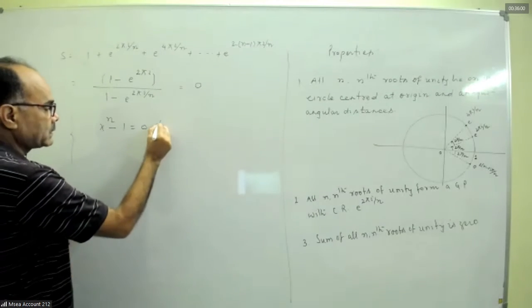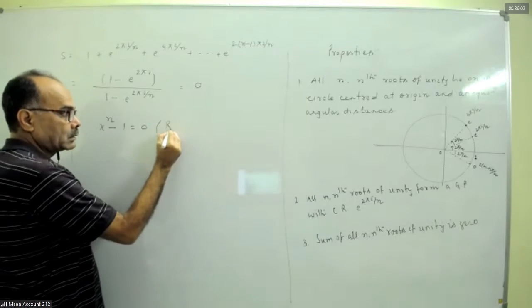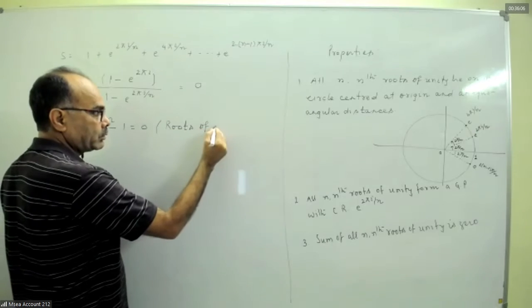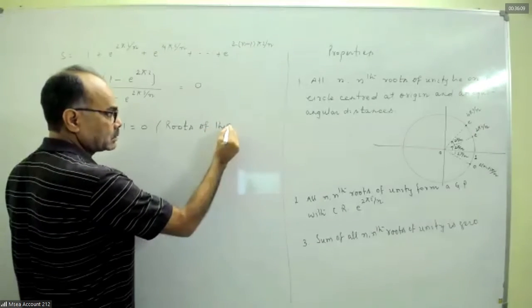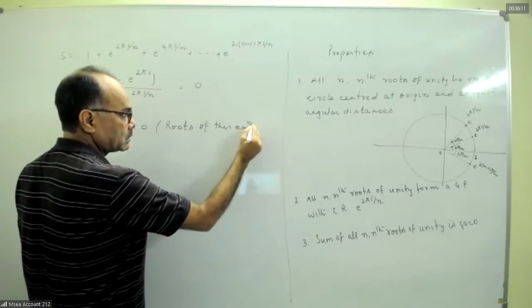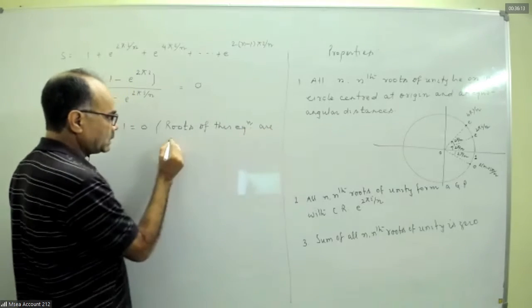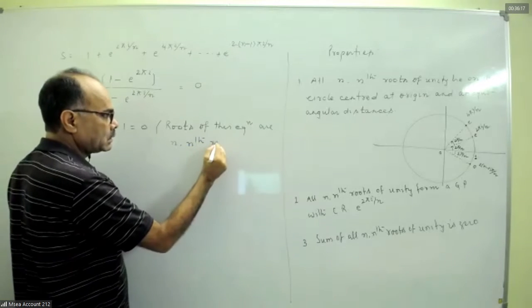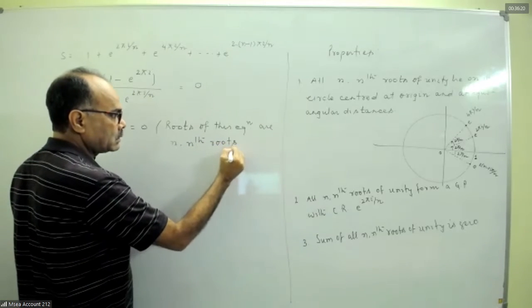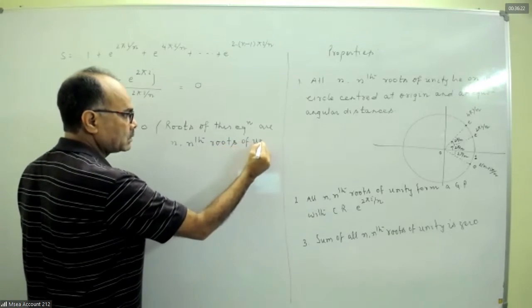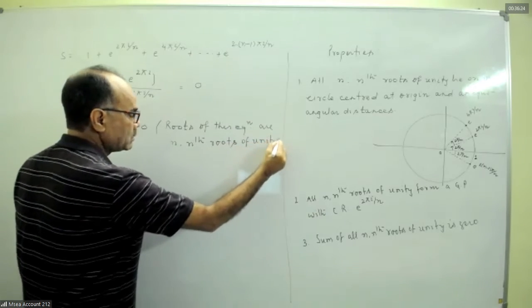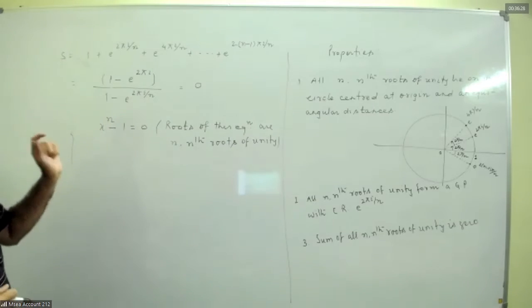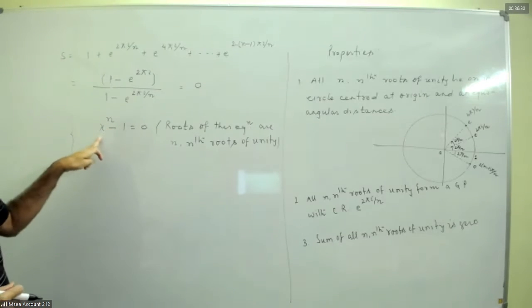Roots of this equation are the n roots of unity. x to the power n is 1, x equal to 1 to the power 1 by n. So what will be the sum of the roots of this equation?